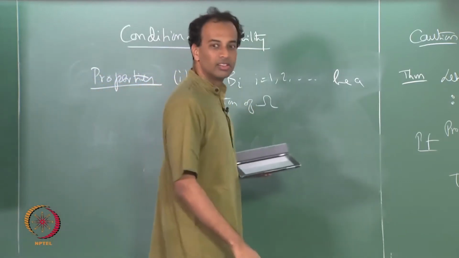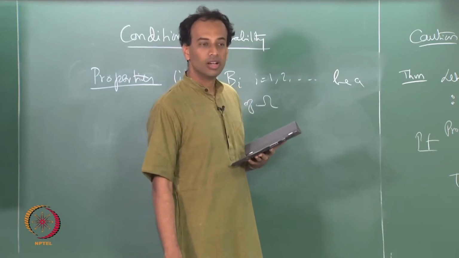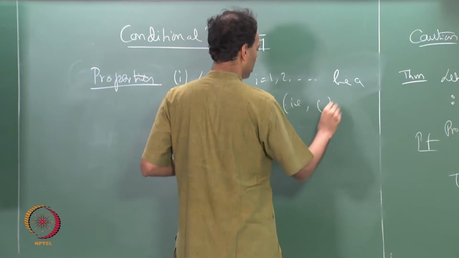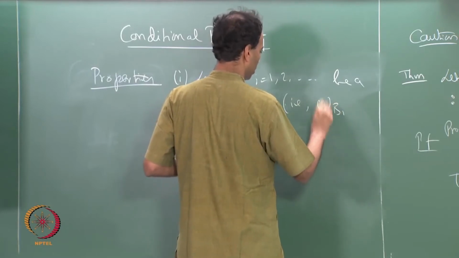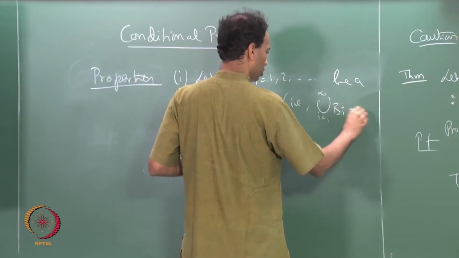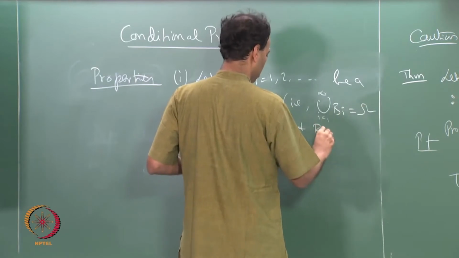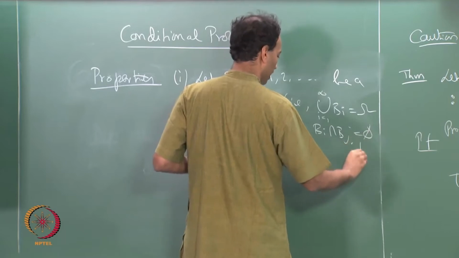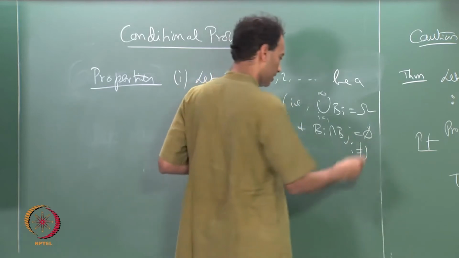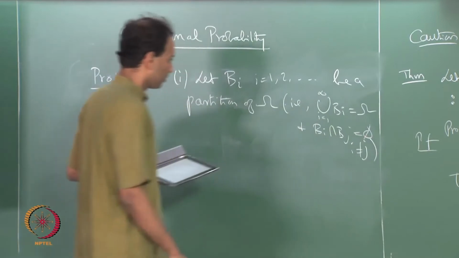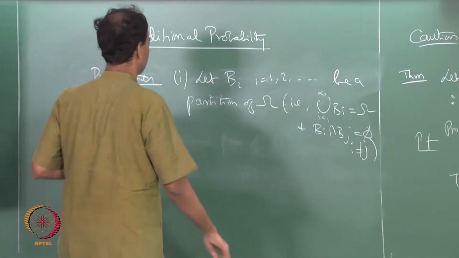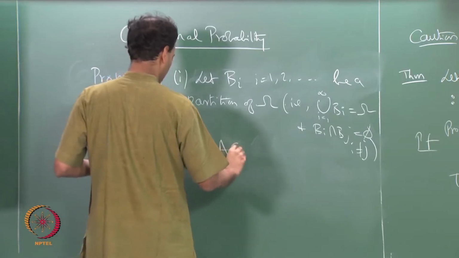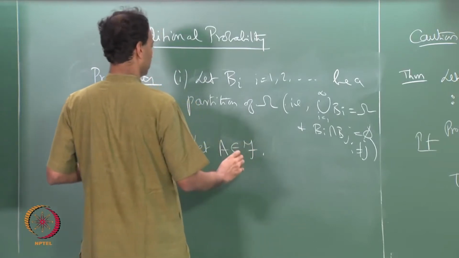What does that mean? It just means union of B_i equals omega, and B_i intersection B_j equals null for i not equal to j. And let A be some event.